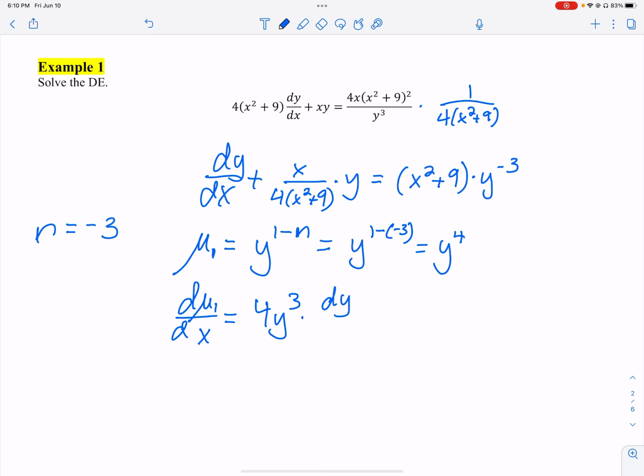I don't know what y is, I just know it's in terms of x, because that's what the equation tells me. The left side, I just get d mu1 over dx, and then the derivative of y to the 4th, but then I get dy over dx because I don't know what y is. This is implicit differentiation from Calc 1.